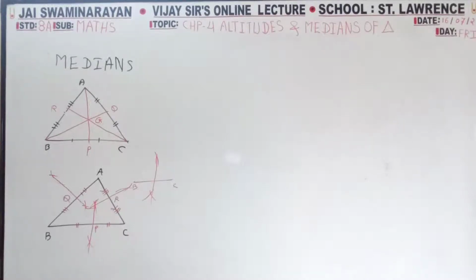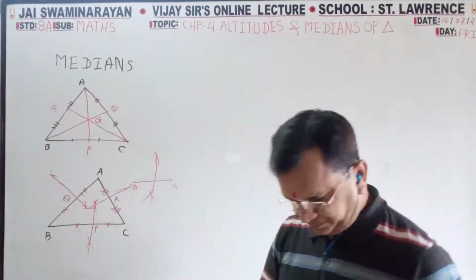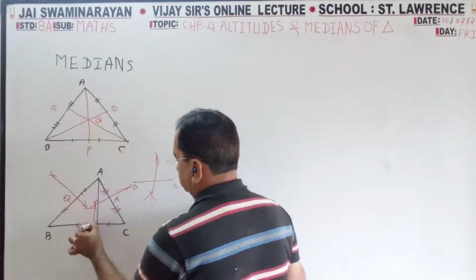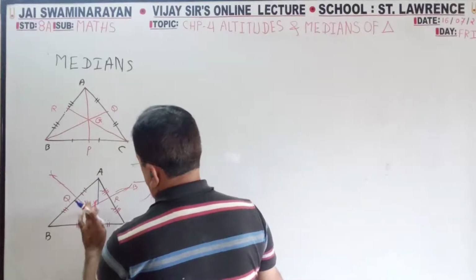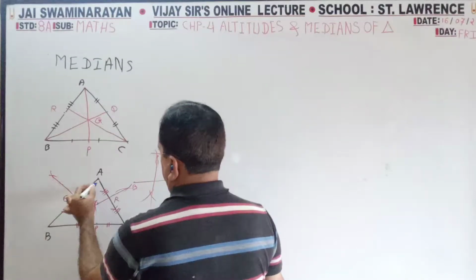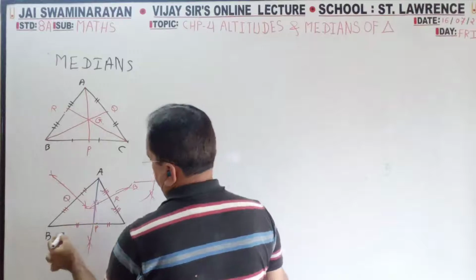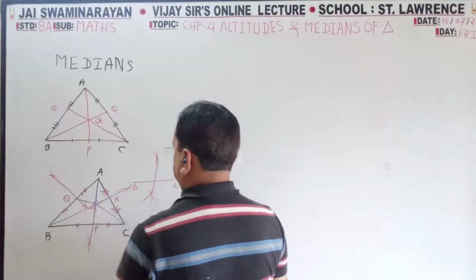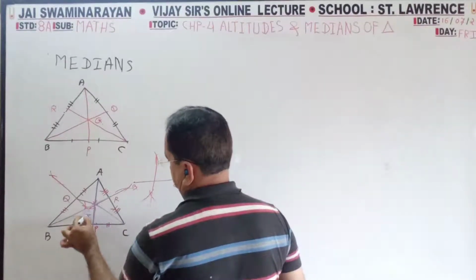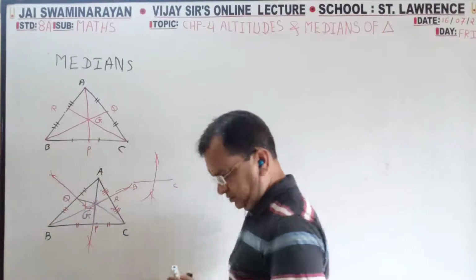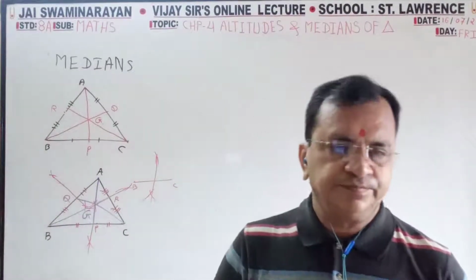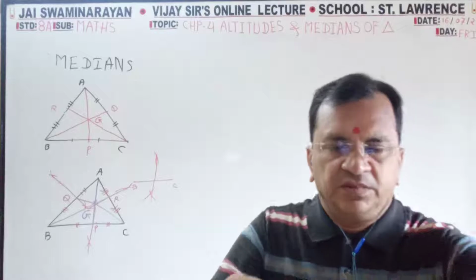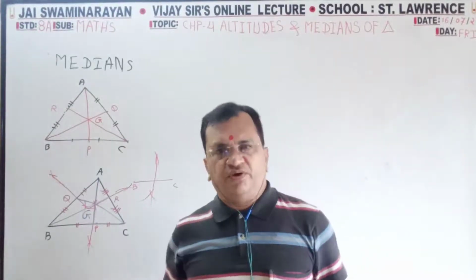Now see, now join A and P. Now join B and R. Now join Q and C. So now this is your G. This is the second method for finding the midpoint.